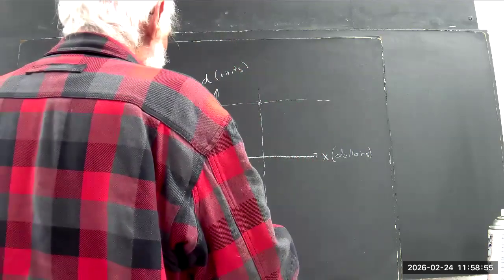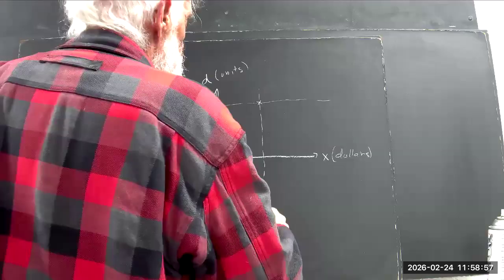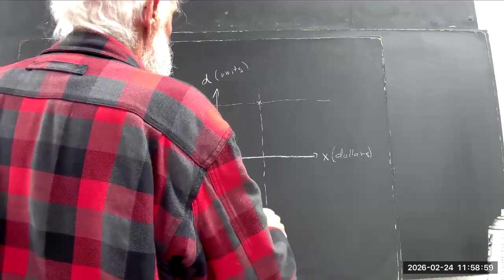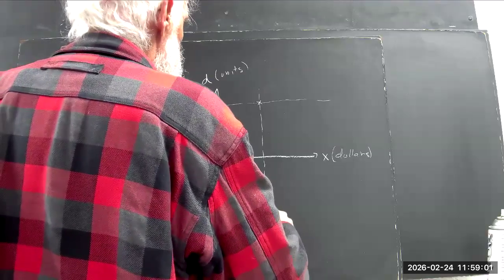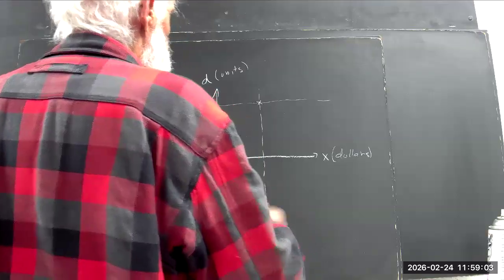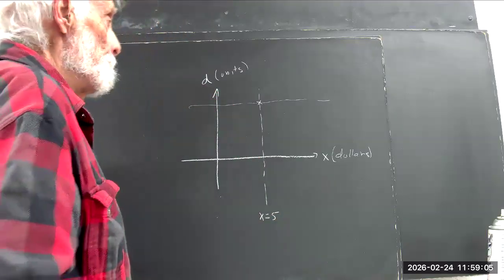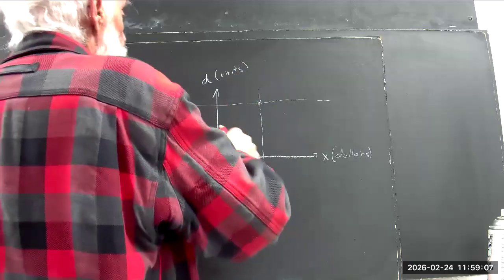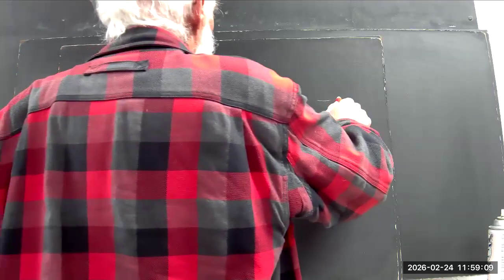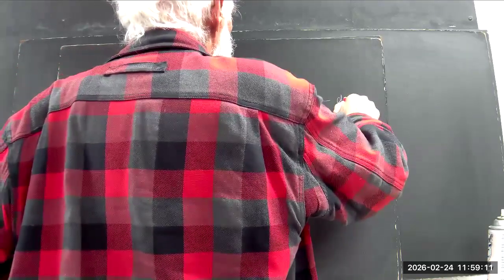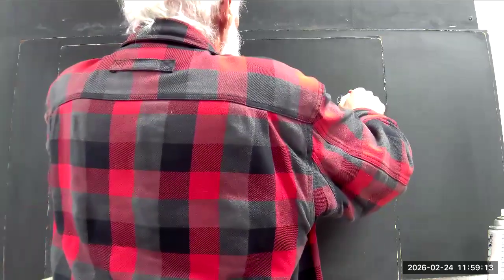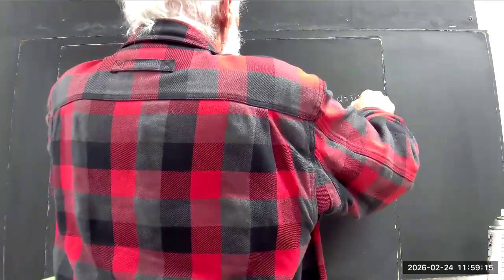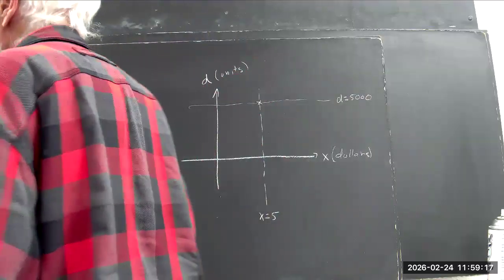Okay, so let's just say this is x equals 5, selling for $5. This is our demand, and this is where, let's say D equals 5,000.